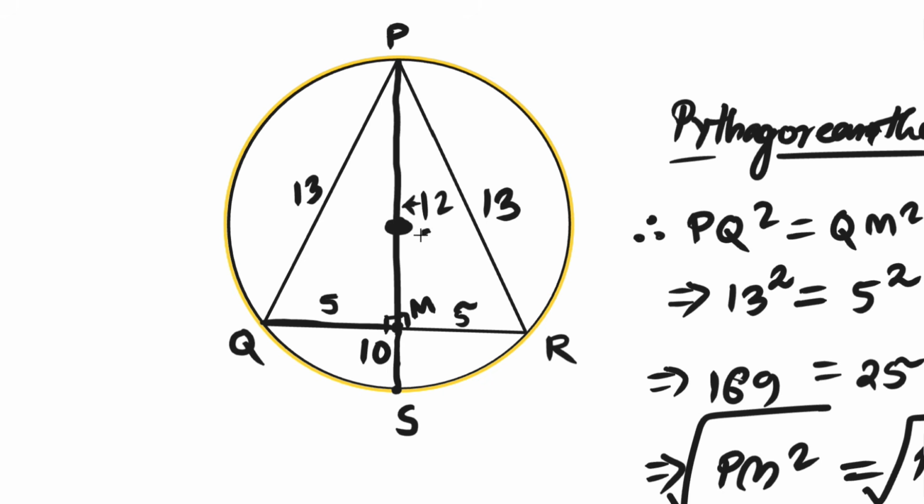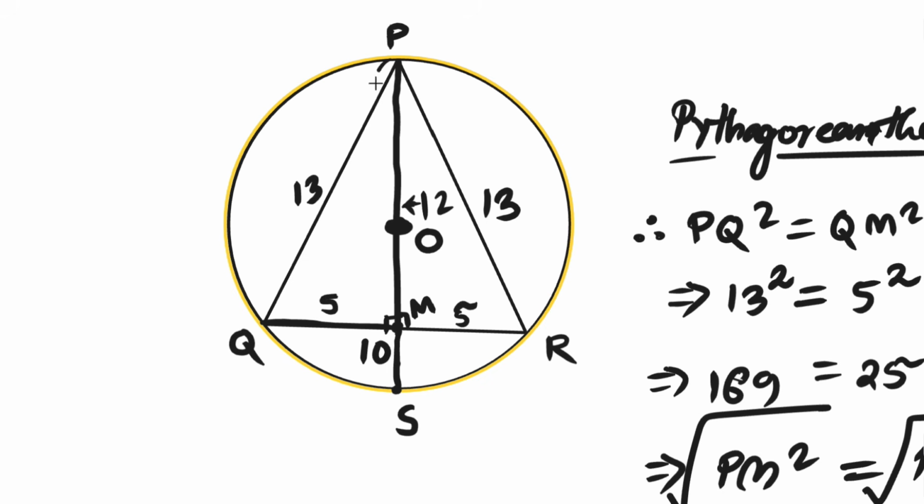Let us call the center O. Since the line from P through O continues to S and passes through the center, the segment PS is actually a diameter of the circle. And once we know the diameter, finding the radius will be easy because the radius is simply half of the diameter. So now our goal is to determine the full length of PS.